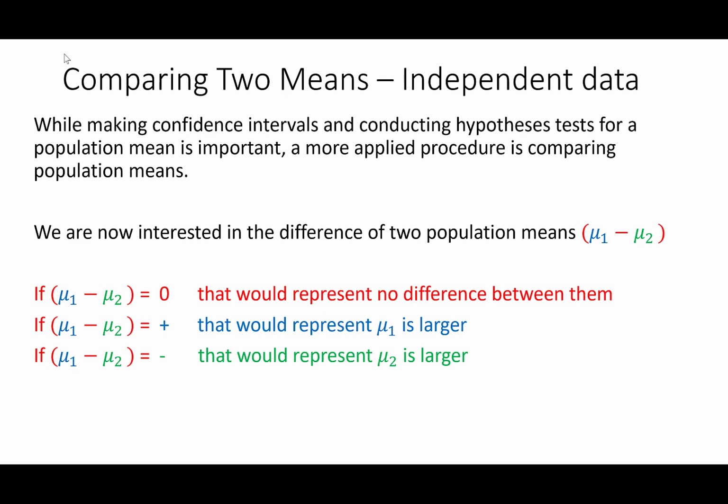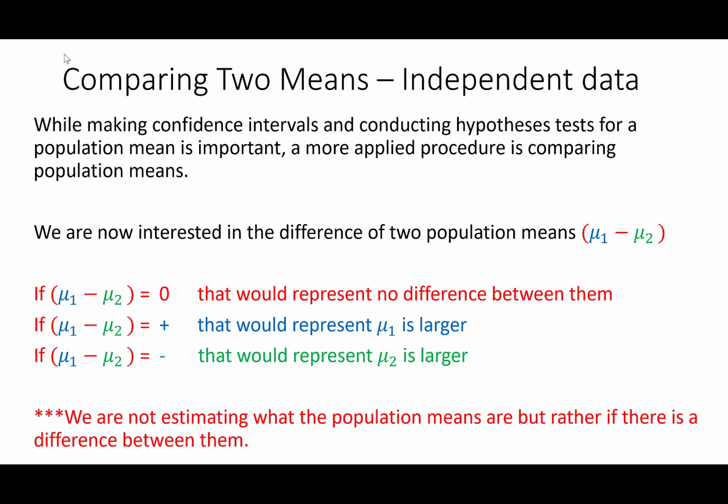What's important to keep in mind, though, is that we're not actually estimating the specific means themselves. We will not be learning about what the value of mu1 is or what the value of mu2 is. We're not estimating those specific means. We're estimating the difference between them. So while there are two terms for population means here, this is our single parameter.